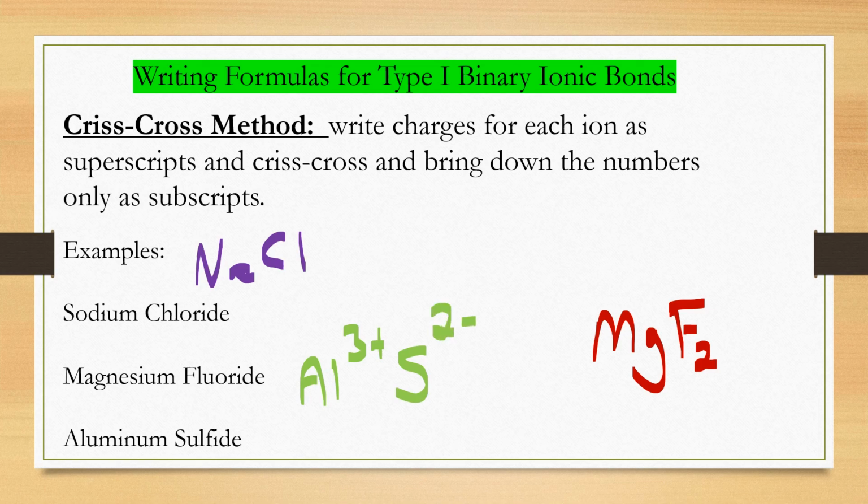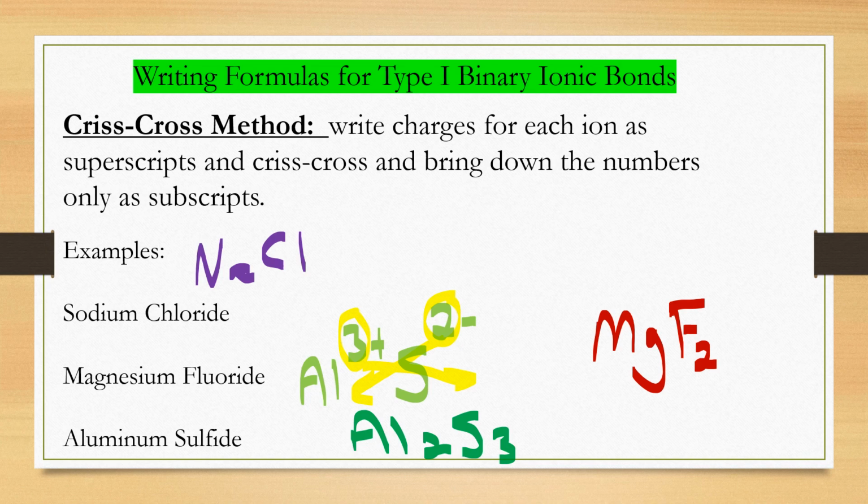So again, take the number, crisscross. Okay, so this up here is showing your work. In the actual formula, you will not have charges, you will only have subscripts. Okay, so showing our work there, and then we're going to bring those numbers down. So the Al is going to get that 2 down here, and the S is going to get that 3 down here. So that is your formula for aluminum sulfide.